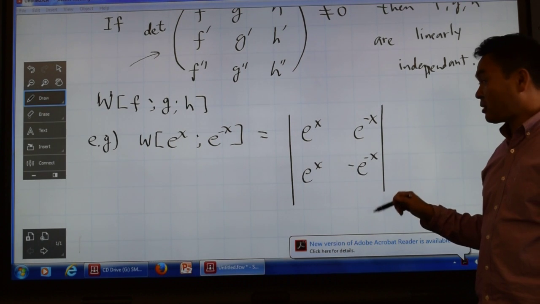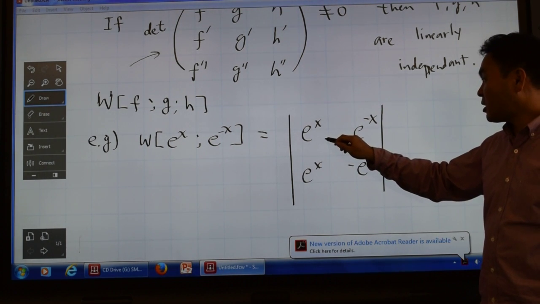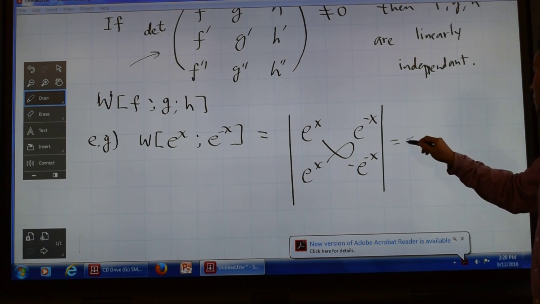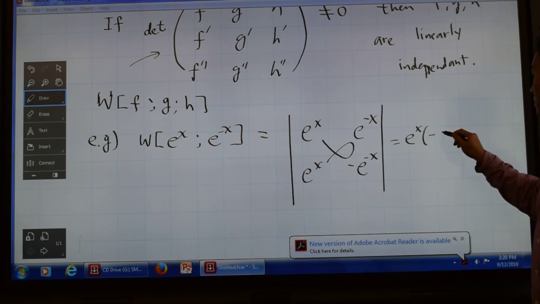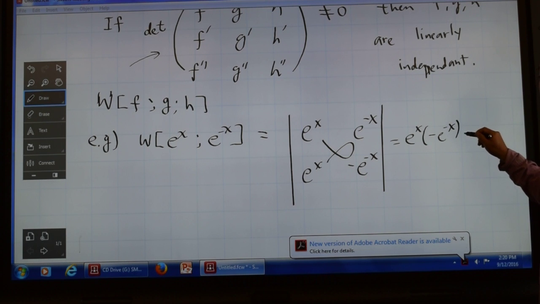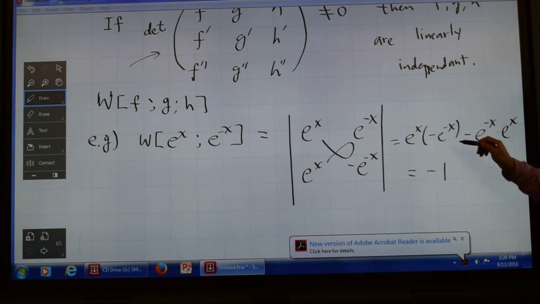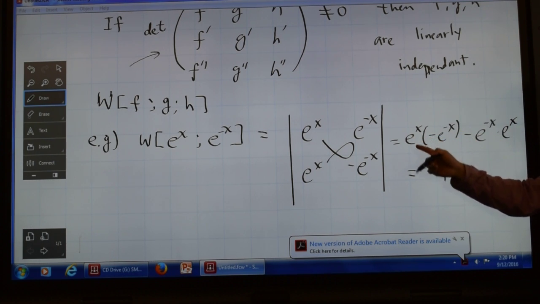So that's all you have to differentiate. And now you do AD minus BC. AD is e to the x times negative e to the negative x minus e to the negative x times e to the x. And that's equal to negative 1, because e to the negative x is 1 over e to the x, right? It's the reciprocal of this other one.